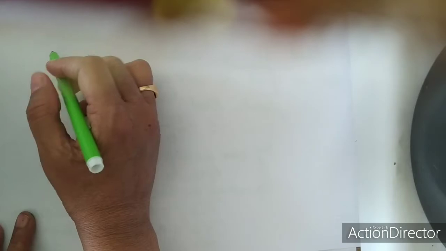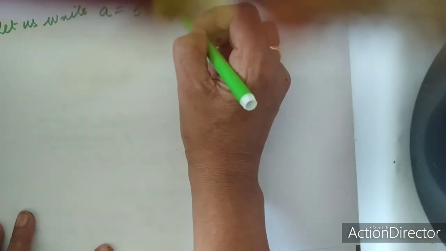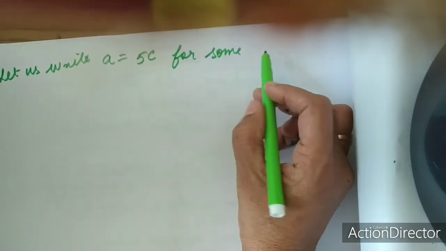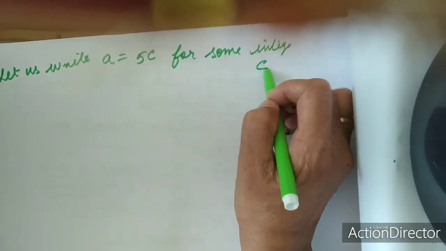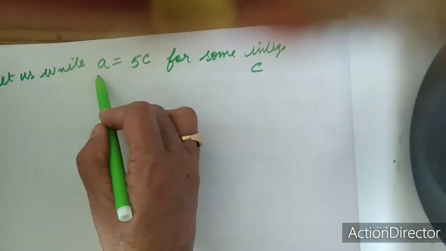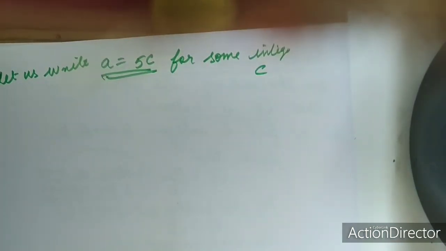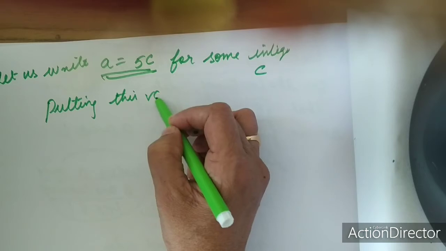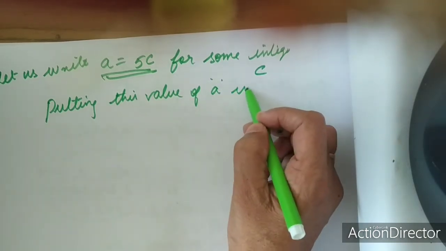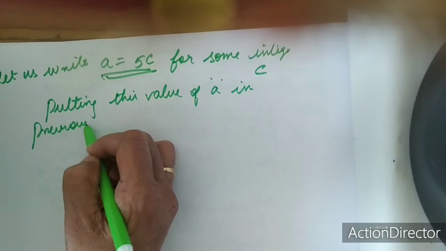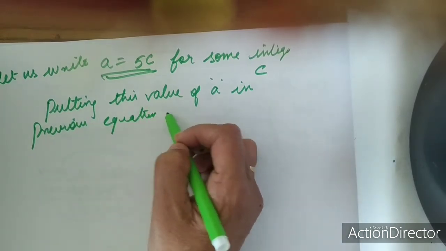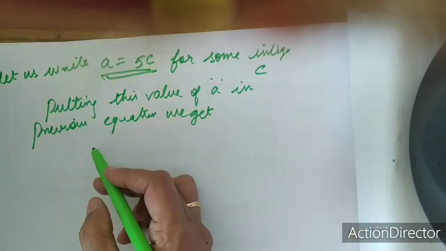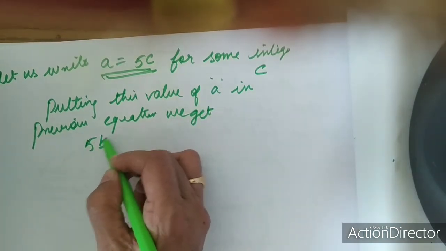Next step. Now let us assume A is equal to 5C for some integer C. Putting this value of A in the previous equation, we get, in this equation we know that 5B square is equal to A square.